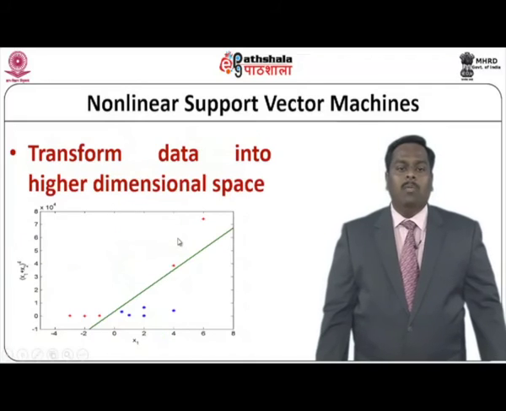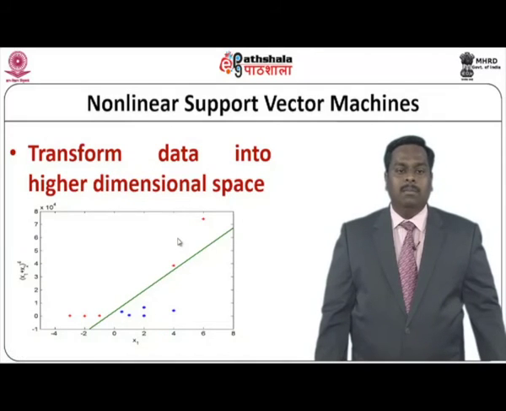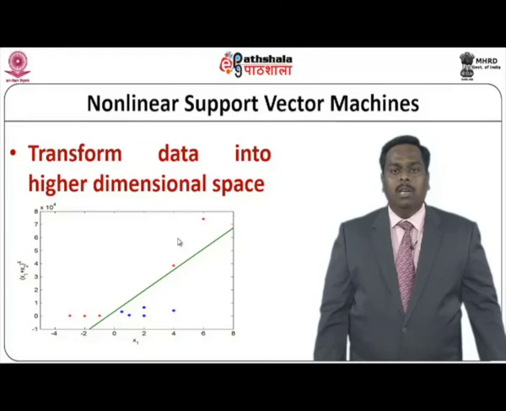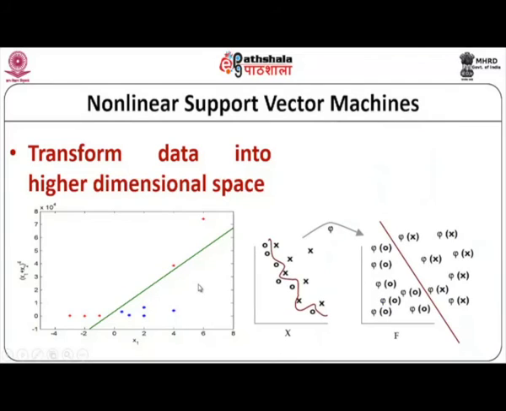In such a scenario, what we need to do is transform the data into a high dimensional space. When we transform that into a high dimensional space, naturally the decision boundary becomes a bit linear, and accordingly we may end up with a proper decision boundary which demarcates class 1 type of data and class 2 type of data. Now, how may this transformation be done?